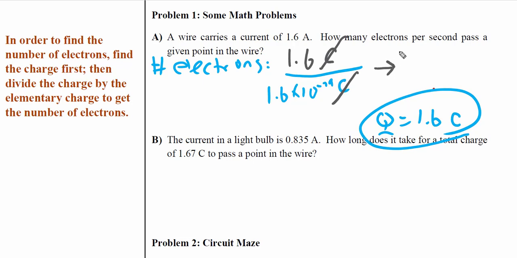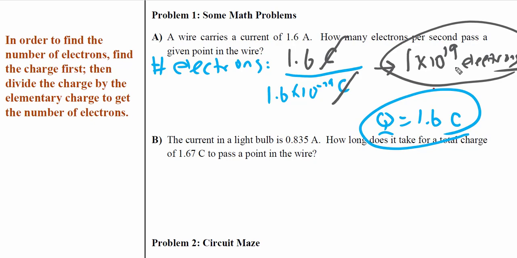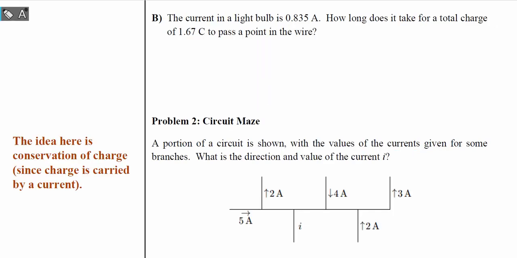And if we plug this in the calculator, we're going to get 1 times 10 to the 19 electrons. Okay, now we're not going to do this for every problem, but in this particular problem, they were looking for the number of electrons. And that's what we do. If all we were doing was looking for the charge, then we would have been done with the problem at 1.6 coulombs.